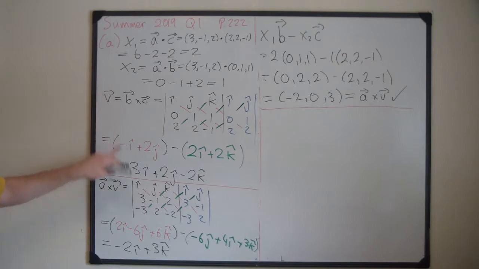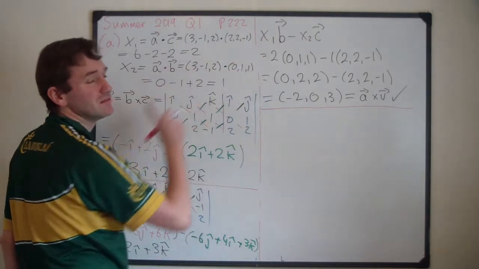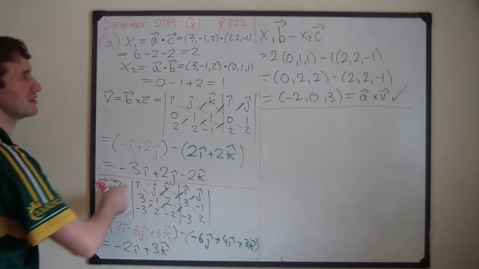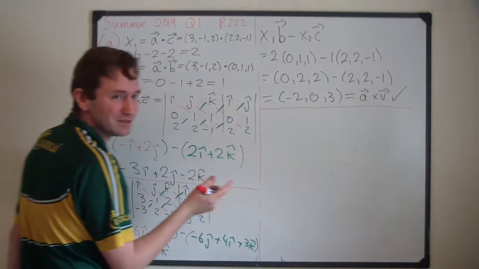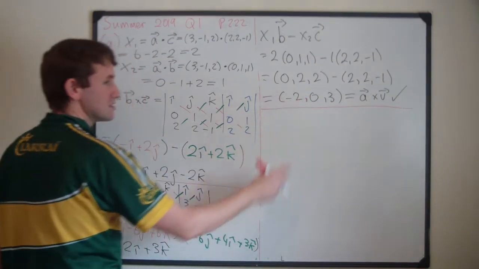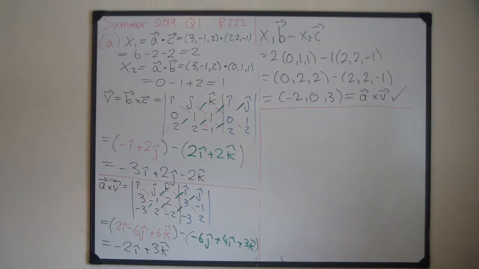It's certainly a vector, and we end up with a vector. These two objects are both vectors. If you got a number here and a vector here, something's gone badly wrong, although I could ask you to investigate whether the magnitude of these are equal, which they certainly wouldn't be, because the magnitude of this is a scalar or a number and this thing is a vector. They couldn't be equal. But that's that question done at any rate.